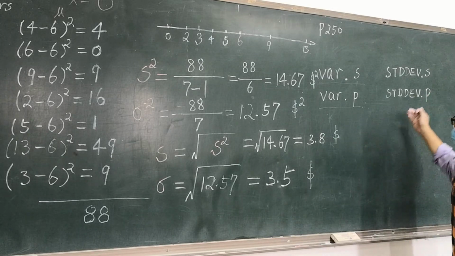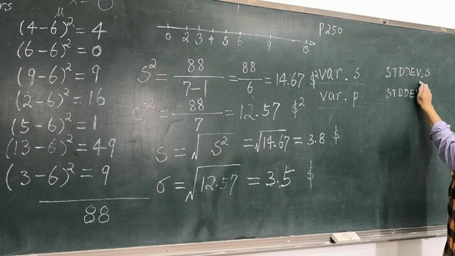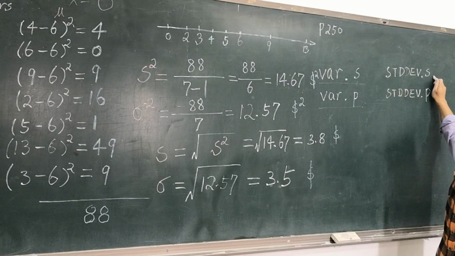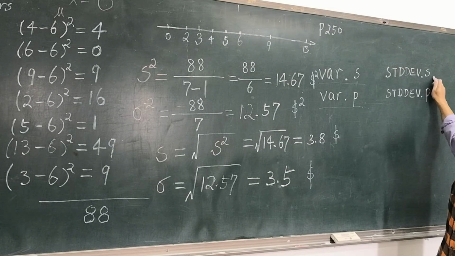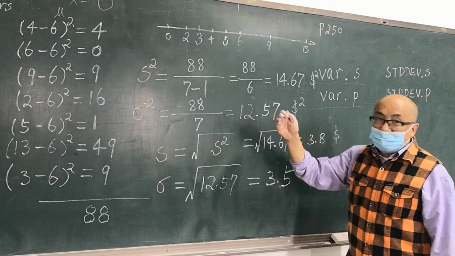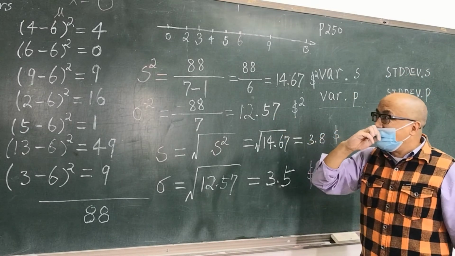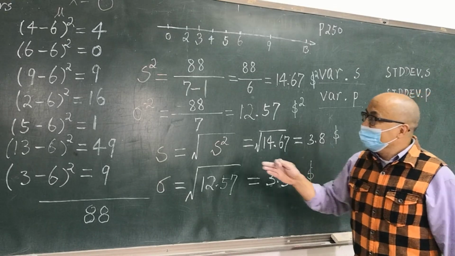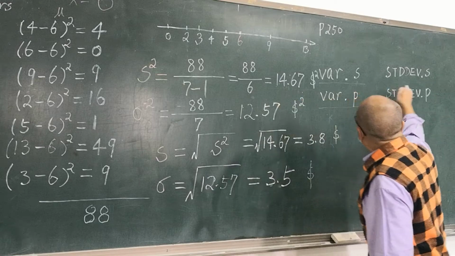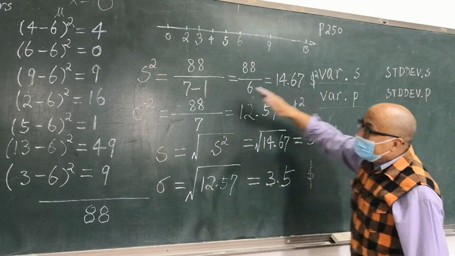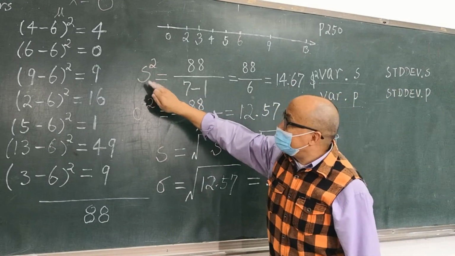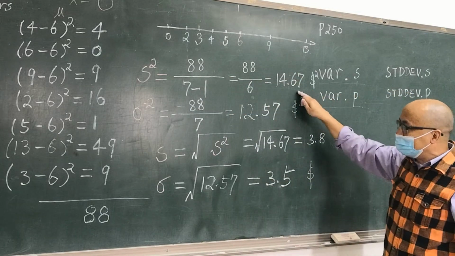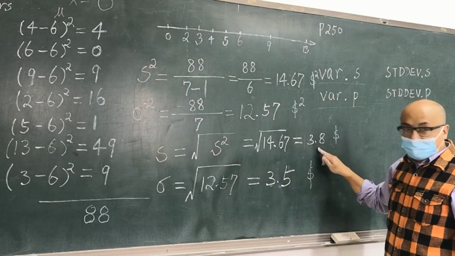On Excel, if you select this, you not even realize what Excel is doing. Excel, if you select the dot S, they did this first for you without showing you, then did this square.